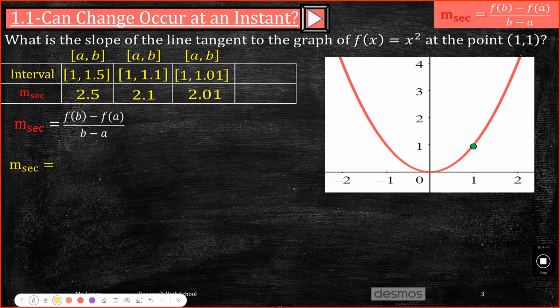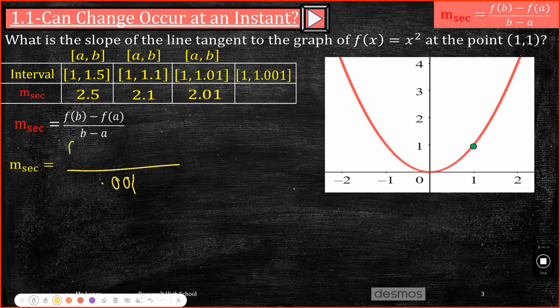Let's confirm it. Let's go from 1 to 1.001, so they're very close to each other. I went to 1.0001 just to make sure the slope is going to be 2. The difference between them is 0.001 at the bottom.